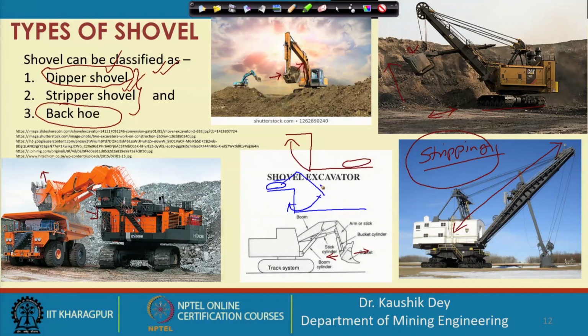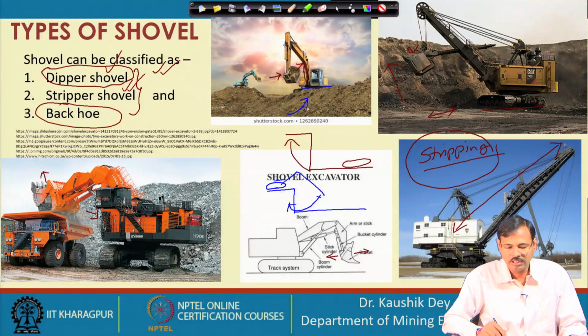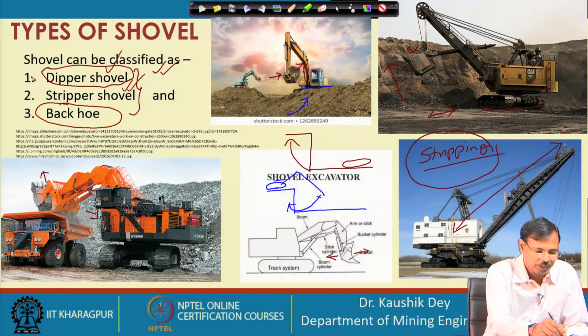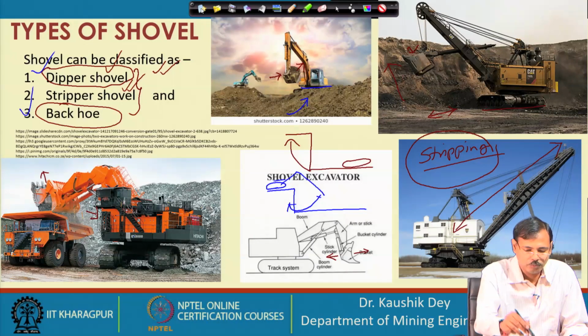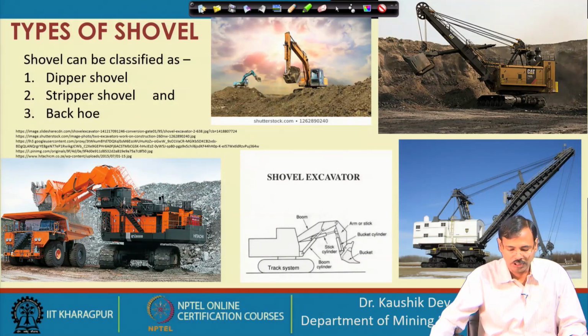So, it is digging below its datum level, and then its loading efficiency becomes more. The machine is standing on this platform and taking material from a level which is lower than this. So, this is the difference between the backhoe and the dipper shovel, and both have some benefits and drawbacks also, but both machines are very popular in mining and civil excavation work.